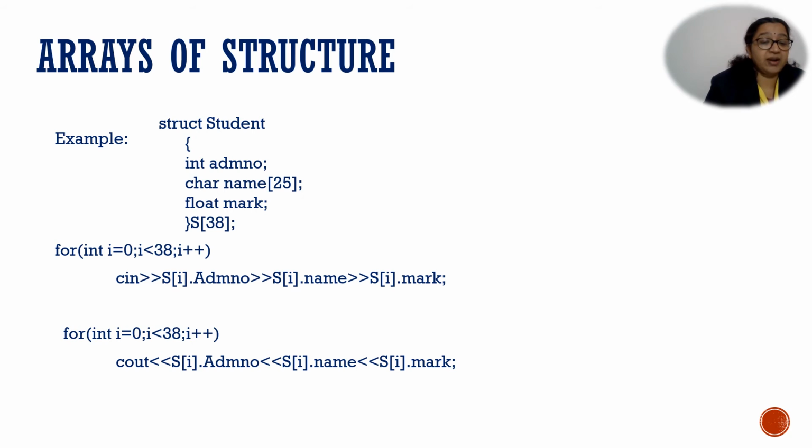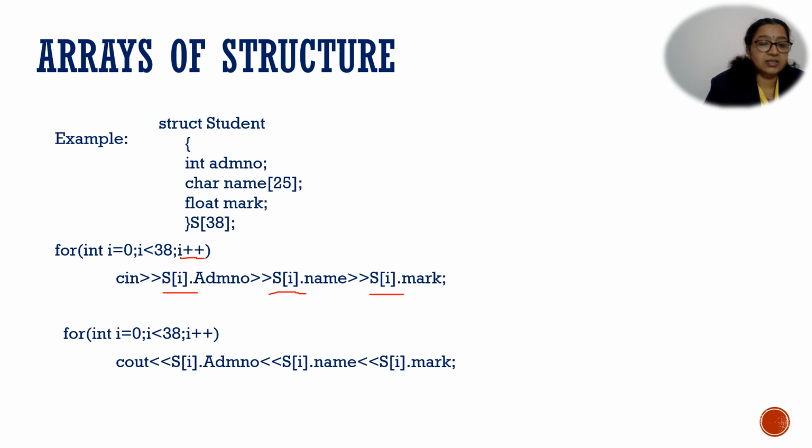S of I dot admission number means, first time the value of I is 0 now, so S of I means S of 0. So S of 0 dot admission number. Then S of I dot name, that means S of 0 dot name. Then S of I dot mark, S of 0 dot mark. Then after that I plus plus.